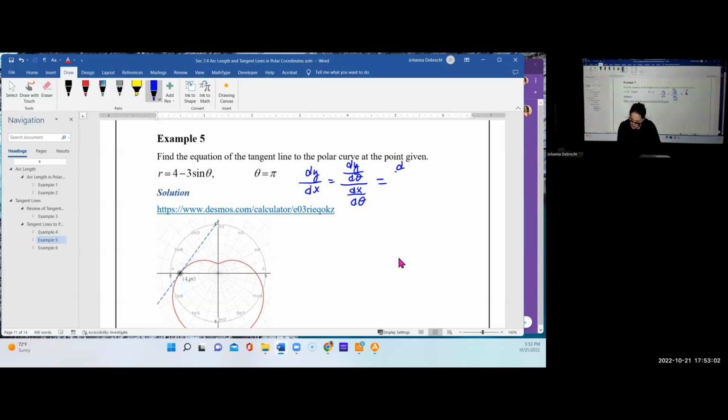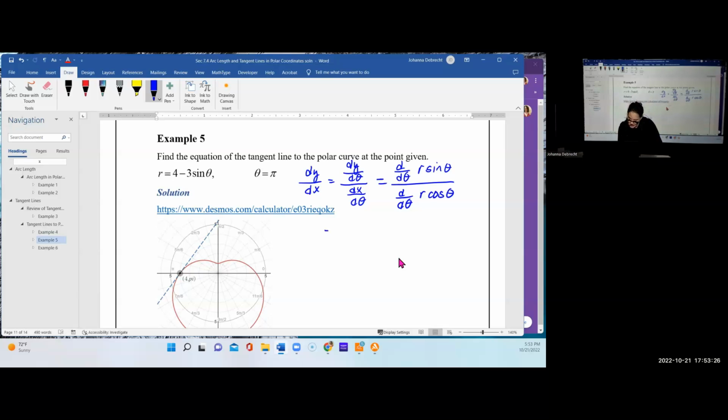So this is going to be the derivative with respect to theta of r sine of theta, and this is the derivative with respect to theta of r cosine of theta. And then I apply the product rule because r is not a constant. It's a variable that depends on theta.